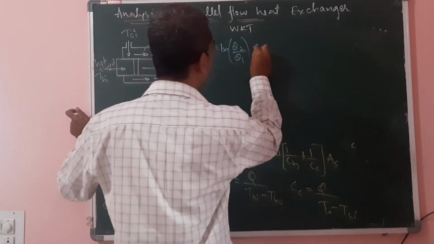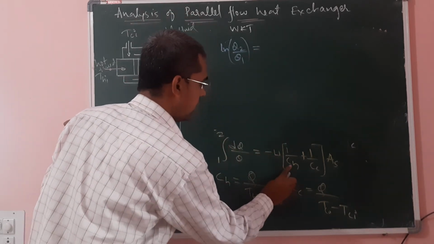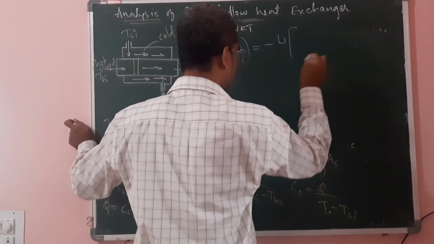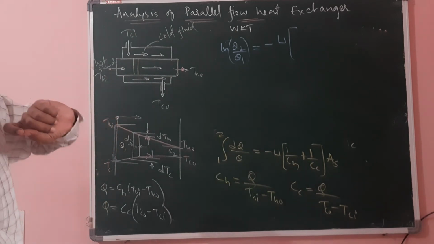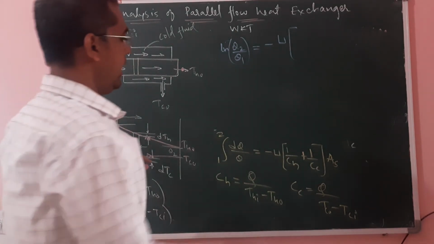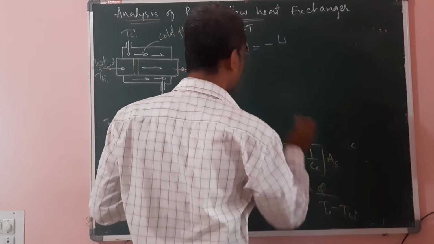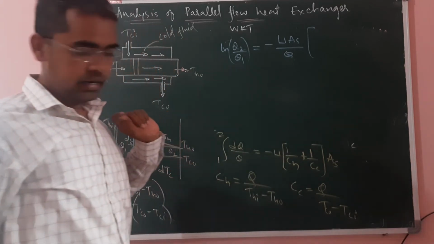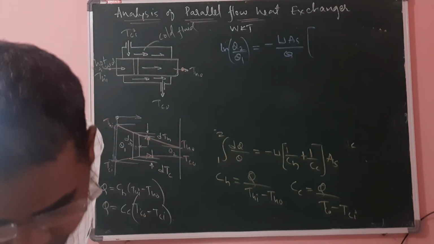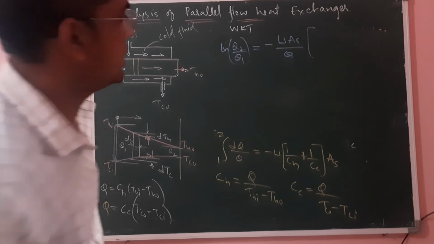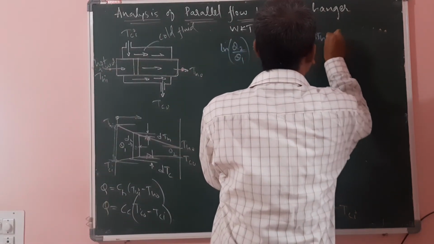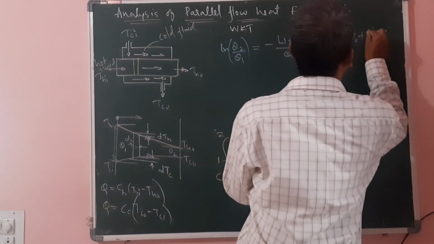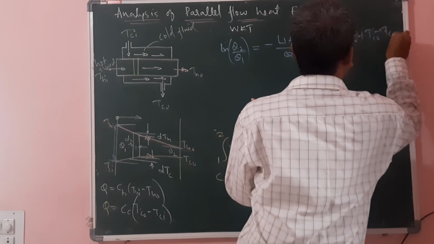If I substitute these in this equation, what do I get? Minus U into A_s divided by Q into the bracket Thi minus Tho plus Tco minus Tci.